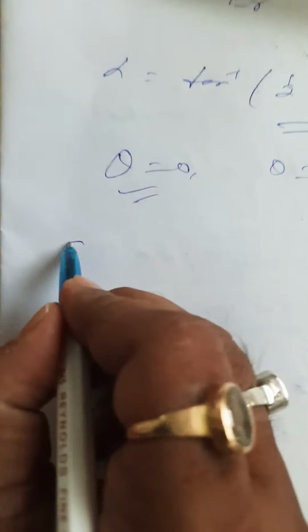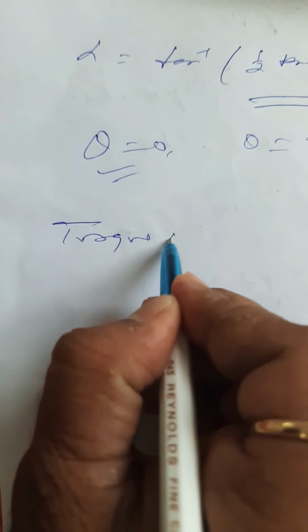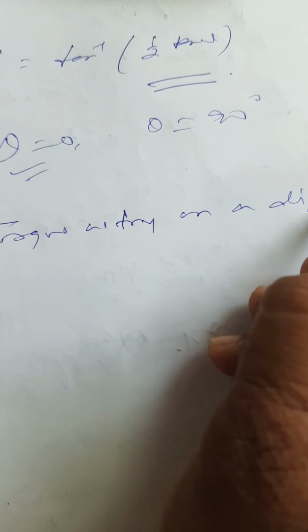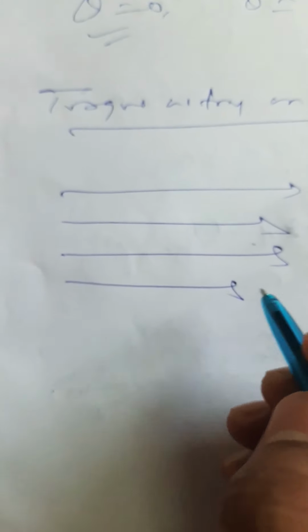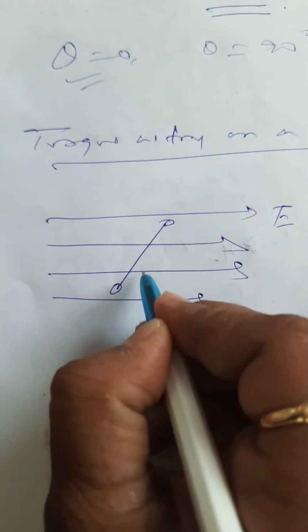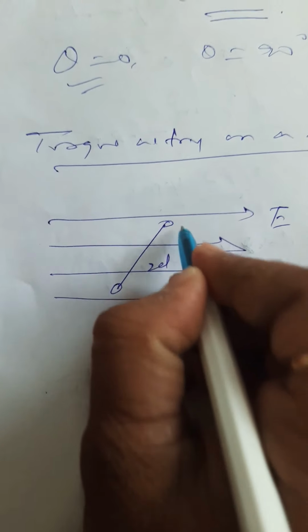The next is the torque acting on a dipole. We'll talk on this. If we place, this is the field, the uniform field E, and you place a dipole of length 2d.